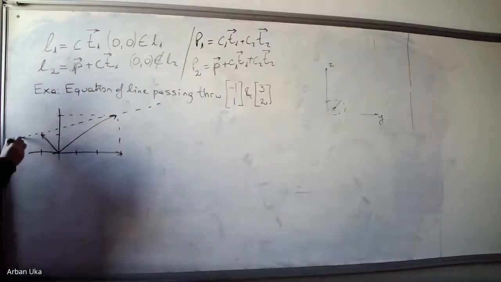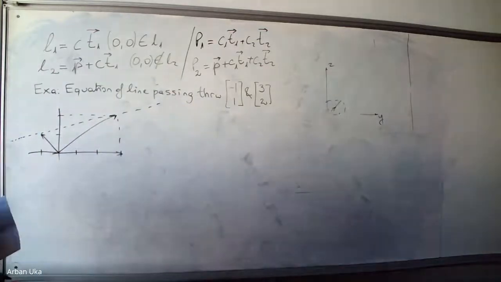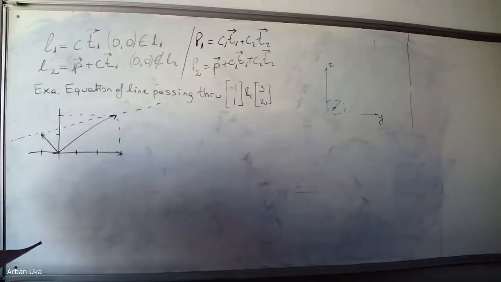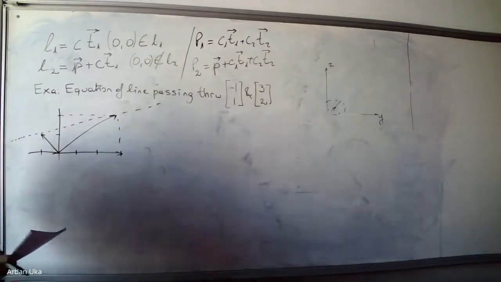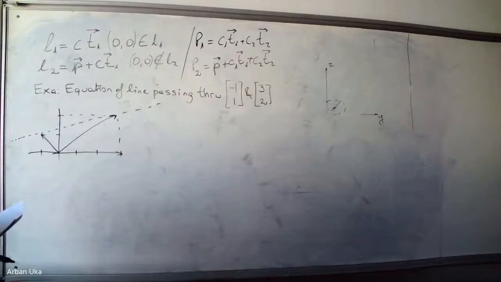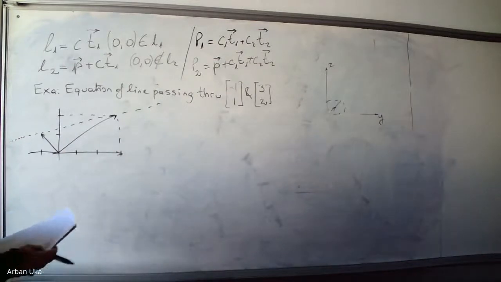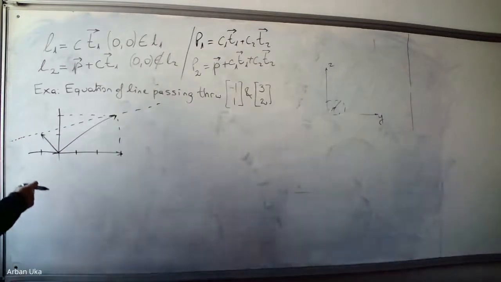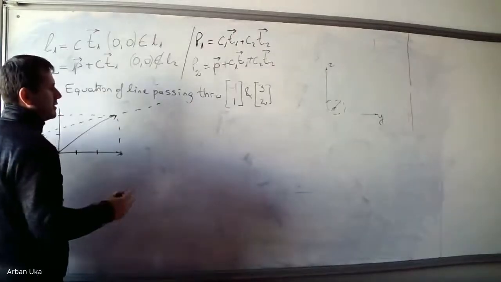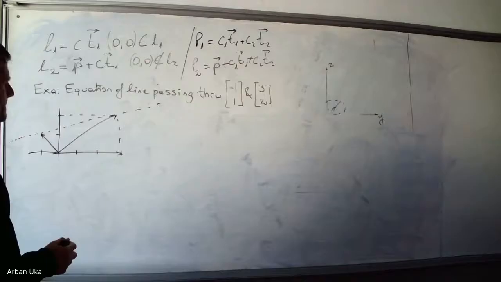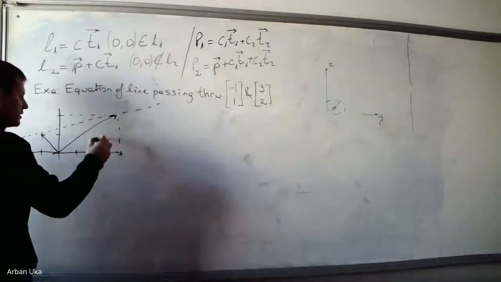How can we find a vector that has this direction? Any idea? Is it the difference between those vectors? That's good. The difference. That's true.